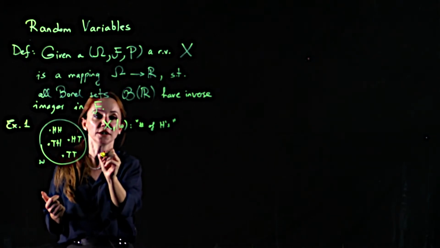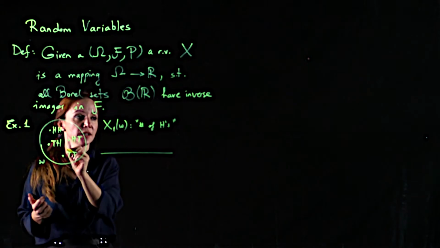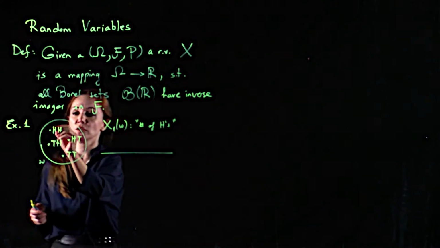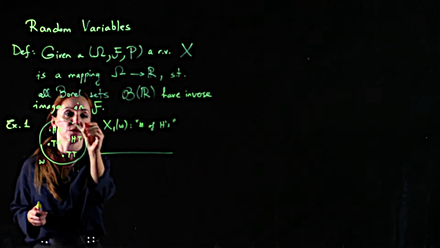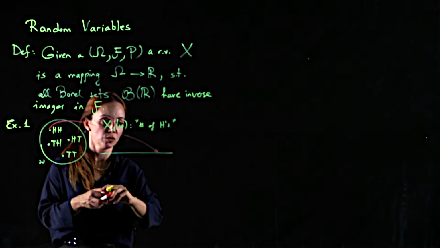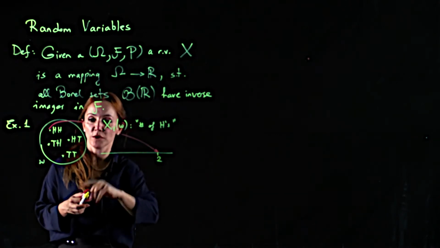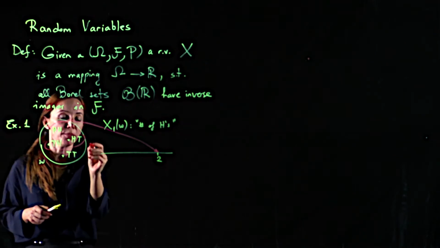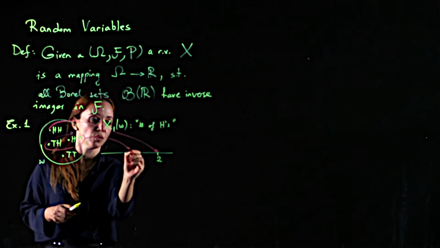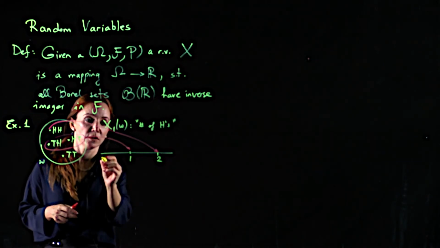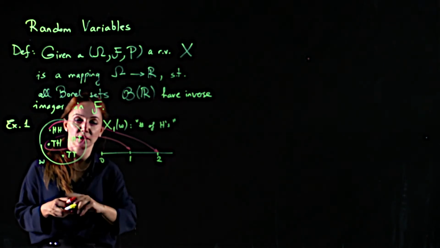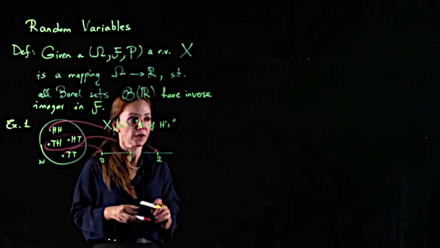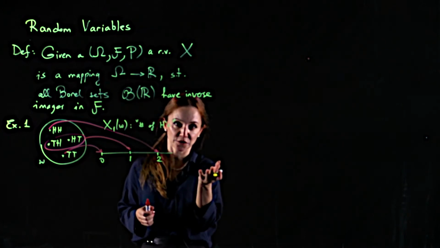In particular, in this example, HH will map to the value 2 because it has 2 heads, right? TH and HT both map to 1, and TT maps to 0.